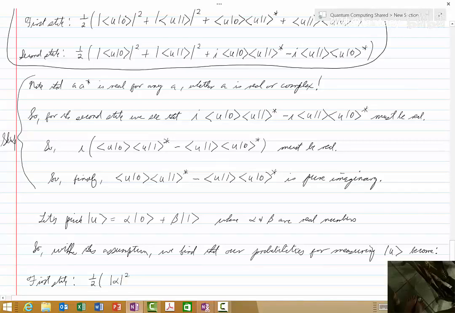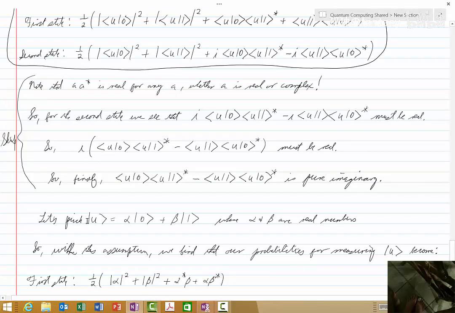So we'll have magnitude of alpha squared plus magnitude of beta squared plus alpha star beta plus alpha beta star. That's what we get.